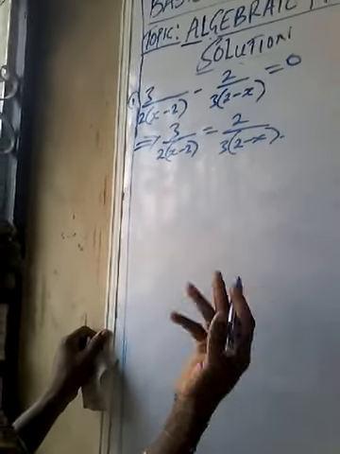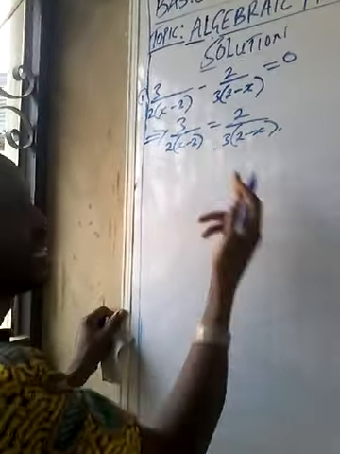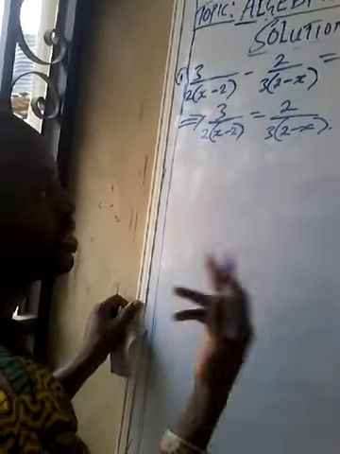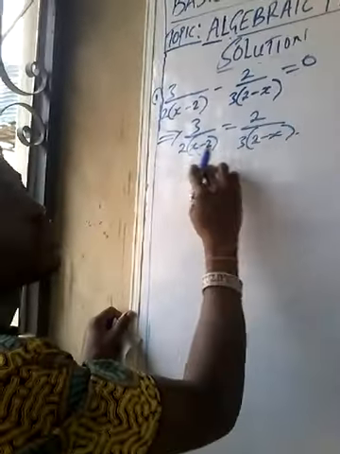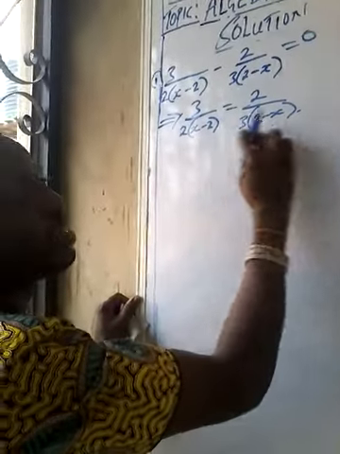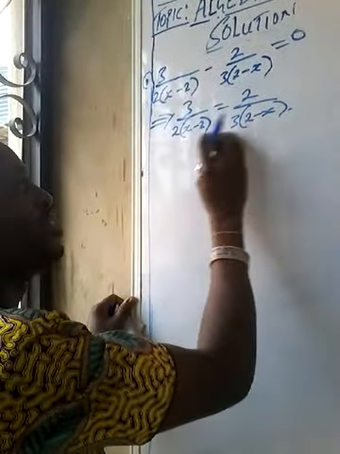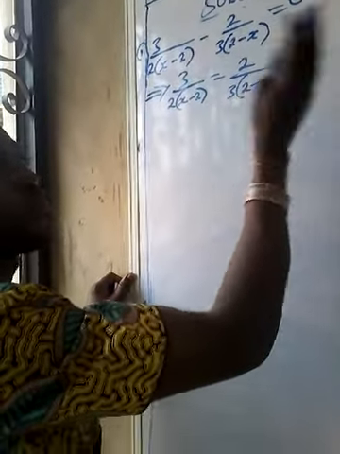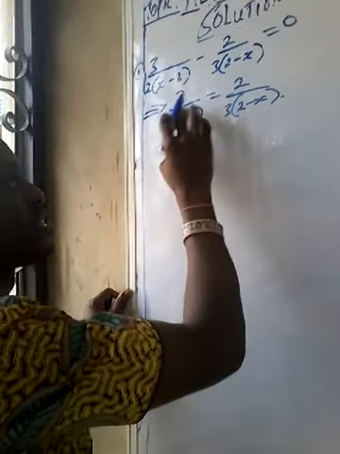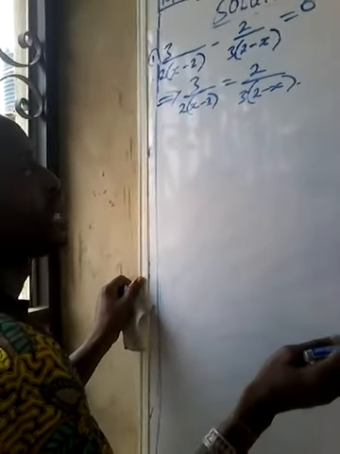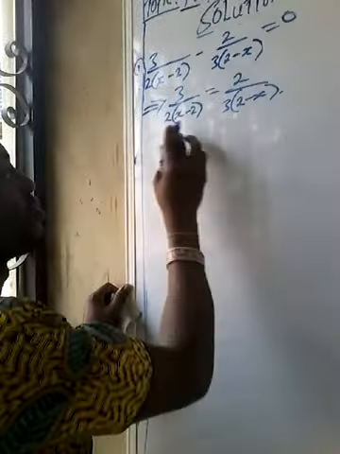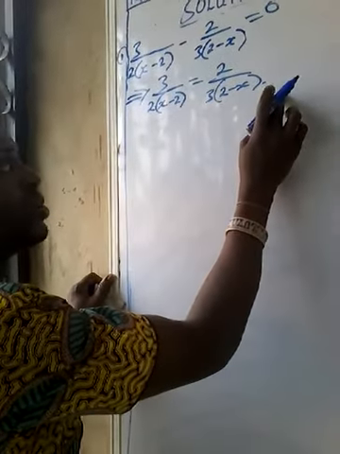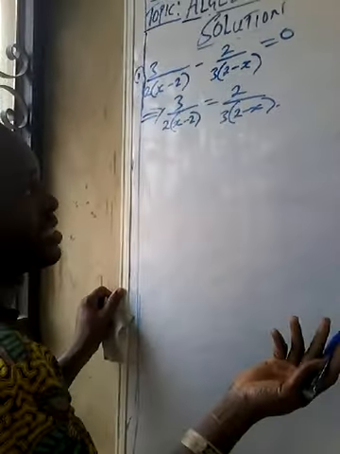Now in this case, what do you do? You cross multiply, you get your answer, and you are done. Because in this case, you'll not be saying multiply through by the LCM. The LCM of what you have here will be too complex for you. So what you do here is just simply cross multiply. Before you cross multiply, you can first simplify the brackets, or you just cross multiply like that.